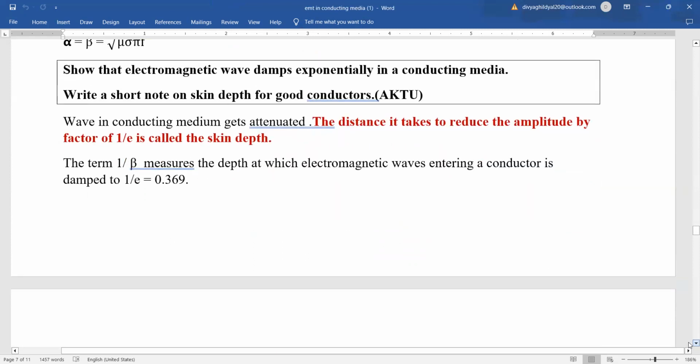The distance it takes to reduce the amplitude by a factor of 1 upon e is known as its skin depth, and the term 1 upon beta measures the depth at which electromagnetic waves entering a conductor is damped to 1 upon e equal to 0.369.